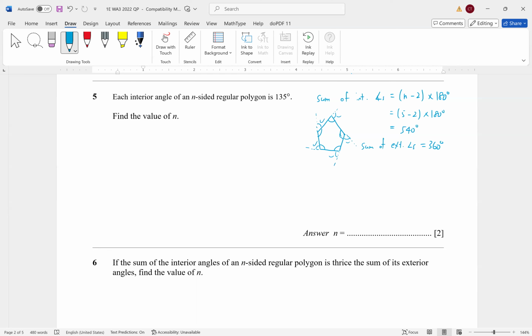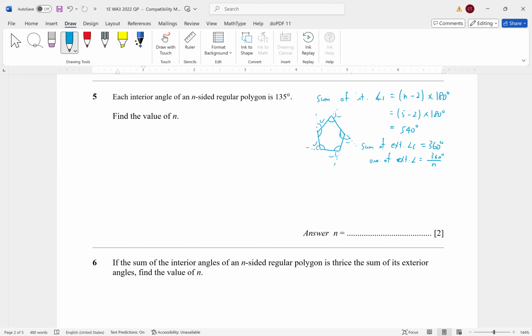The other thing to note is that if it's a 5-sided figure, not only does it have 5 interior angles, it will also have 5 exterior angles. And if it's a regular polygon, it means all the exterior angles are the same size. So I can find one exterior angle: if it's a regular polygon, one exterior angle will be 360 over n, where n is the number of sides.